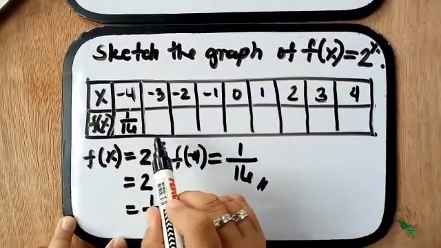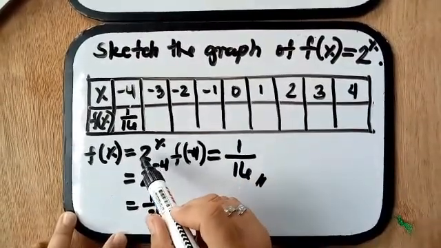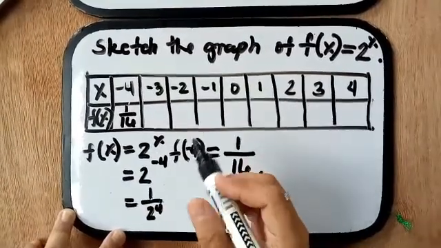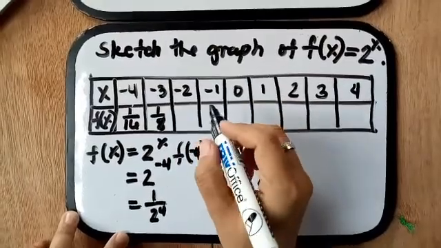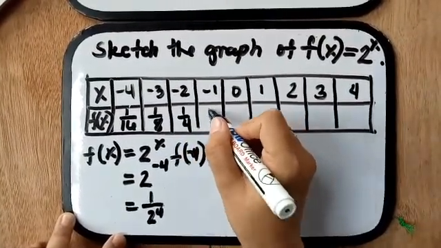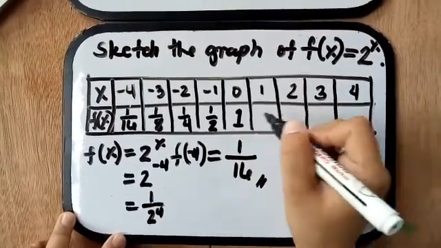If x is negative 3, we need to solve also this way. So we will get 1 over 8. For negative 2, we have 1 over 4. Negative 1, 1 half. 0, 1.